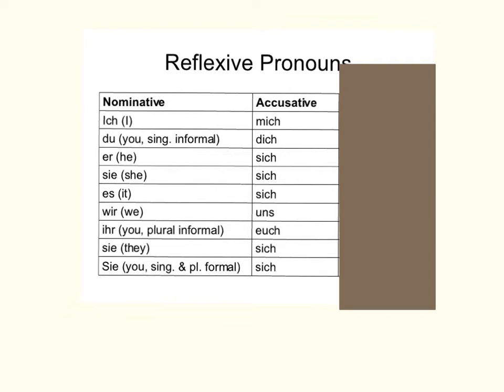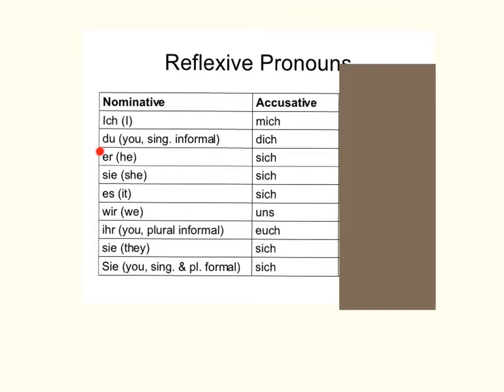Now, in order to start using reflexive verbs, you have to know which reflexive pronouns go with each pronoun. So we have here the pronouns, and we have here the reflexive pronouns. You can see here at the top it says nominative and accusative. This is because the subject will always be in the nominative.